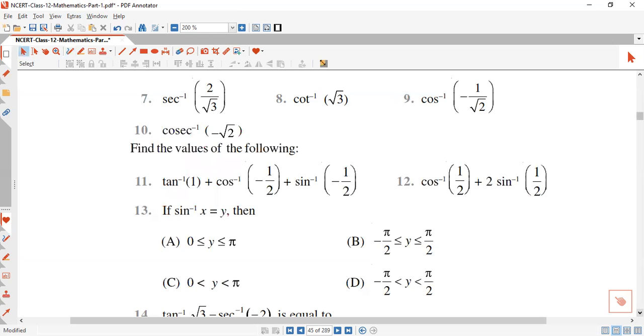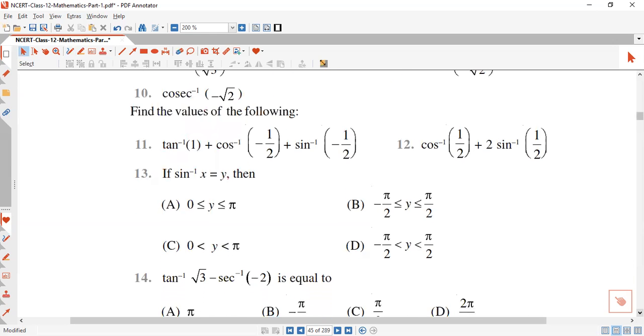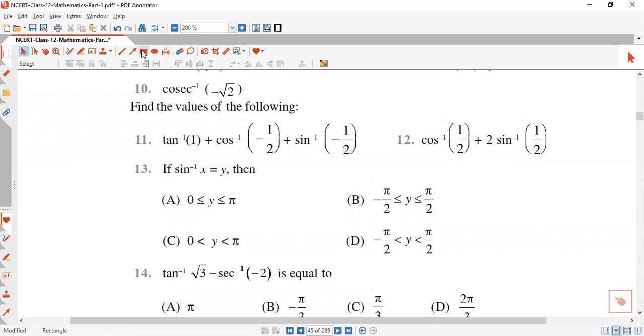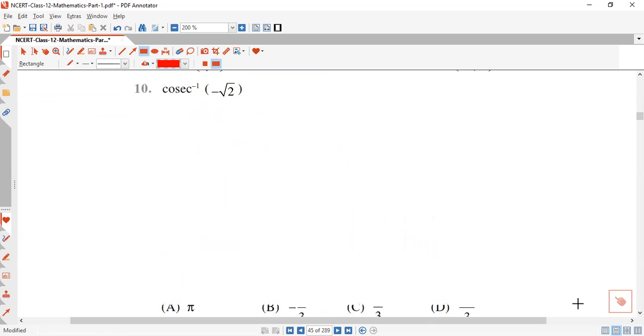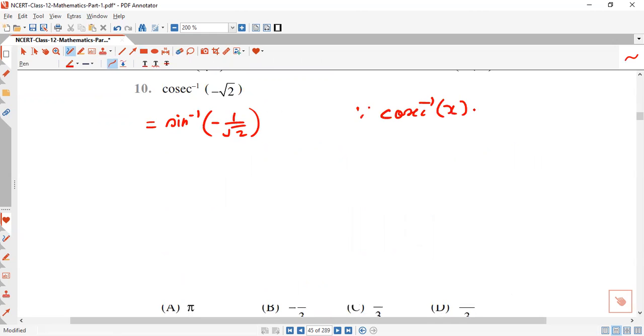Now, question number 10. Cosec inverse minus root 2. You see this one, there are two formulas here: first cosec inverse, and then we have sine values. So first of all, I will convert to sine. Sine inverse minus 1 upon root 2. Since you know cosec inverse x equals sine inverse 1 upon x.